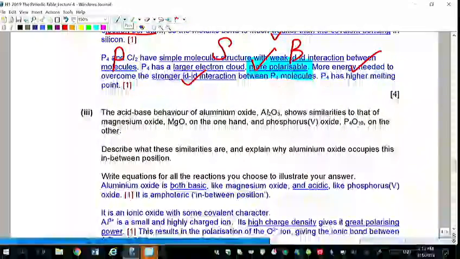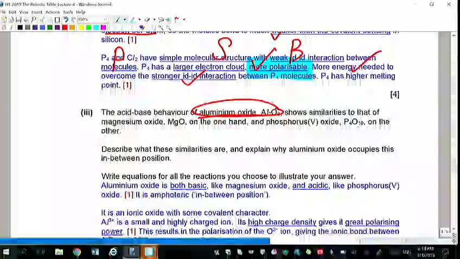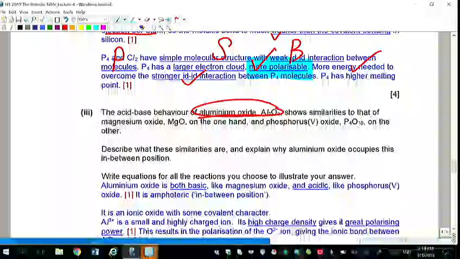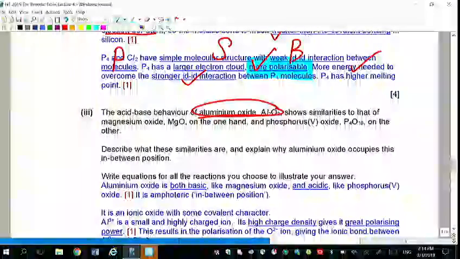If you don't understand, you need to go and read back your periodic table lecture notes. Now, here, acid-base property of aluminum oxide. Aluminum oxide is something special. You know that it is an amphoteric oxide. It is able to react with a base as well as acid. It is insoluble in water.